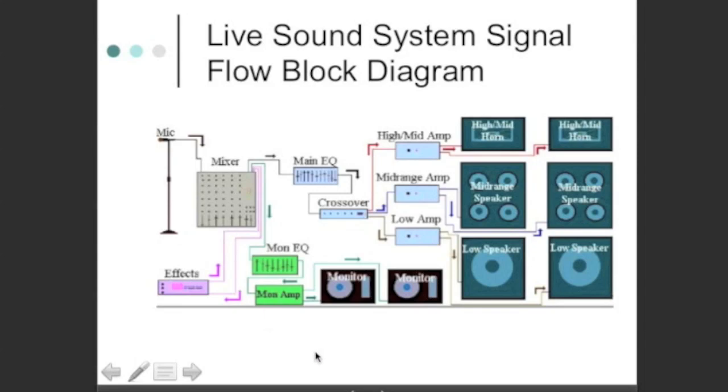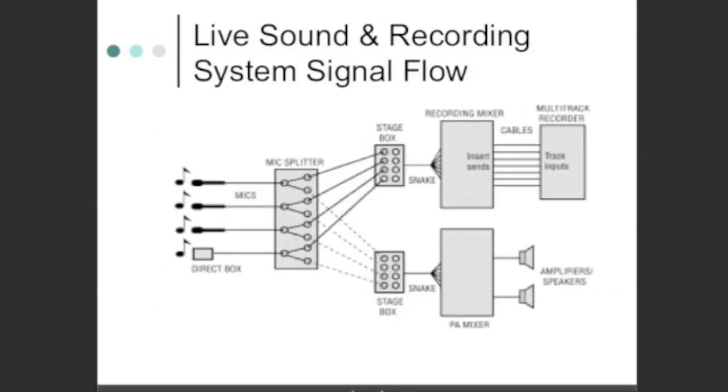Let's go to a situation where you'd like to record as well from a live performance. Now in that situation you use the same block diagram that we just saw, except the microphones go to a microphone splitter first, and then it goes through cabling on stage to a recording mixer and then a recording multi-track system where you can record it.